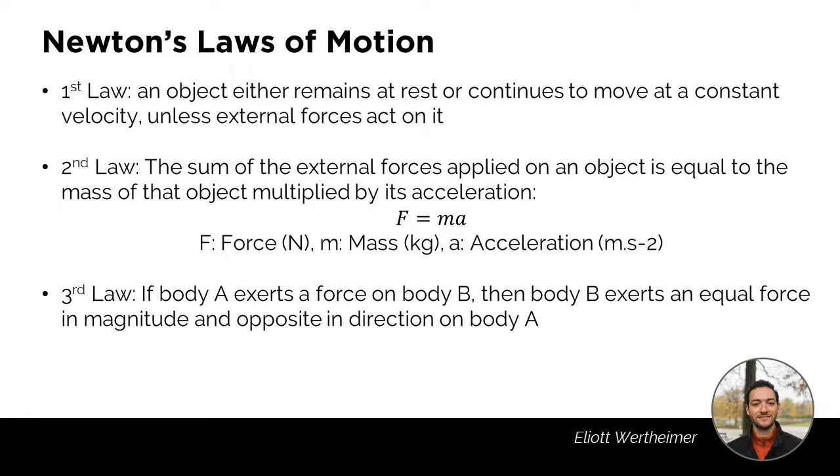Now let's look at Newton's laws of motion. I'm sure most of you will have heard about Isaac Newton. He's one of the fathers of classical physics and classical mechanics, a very important figure in modern physics. The first law states that an object either remains at rest or continues to move at a constant velocity unless external forces act on it.